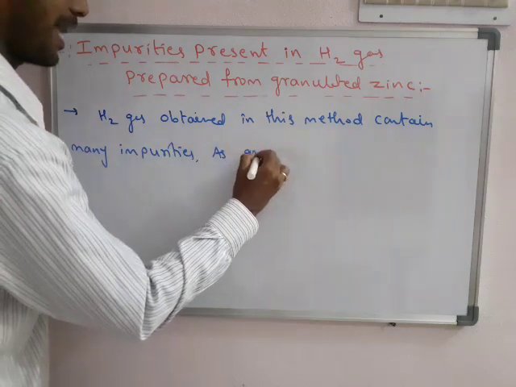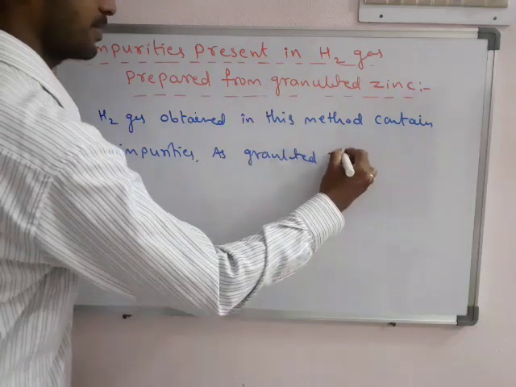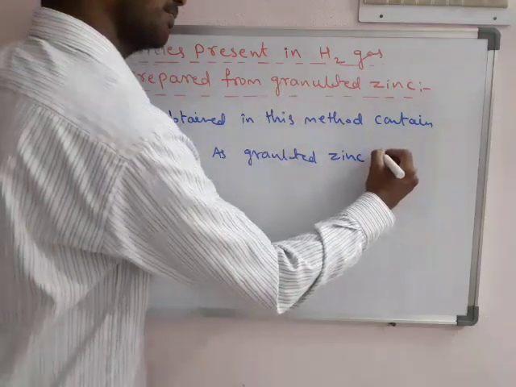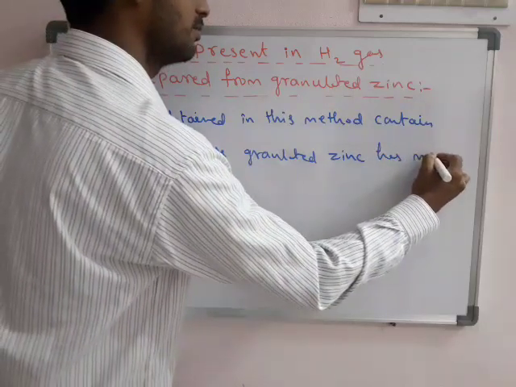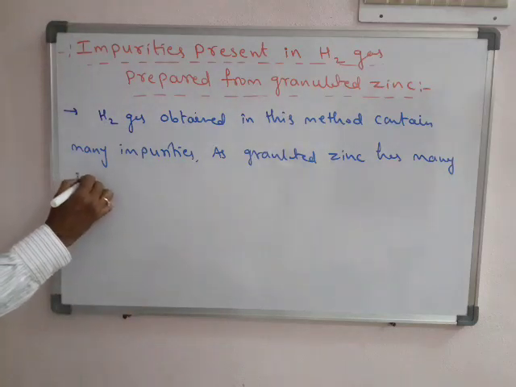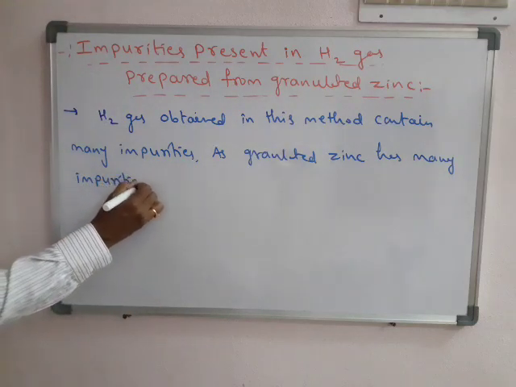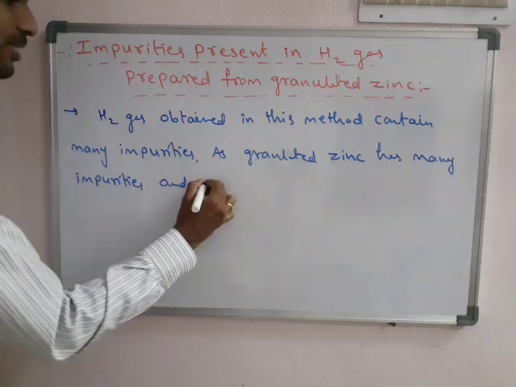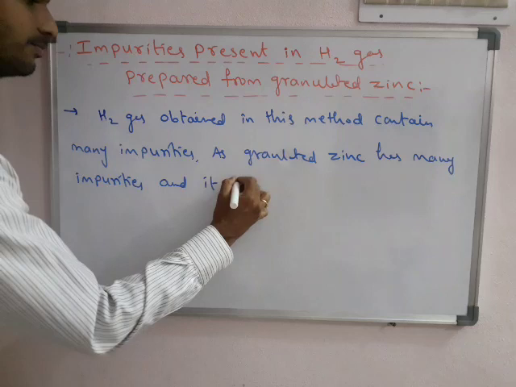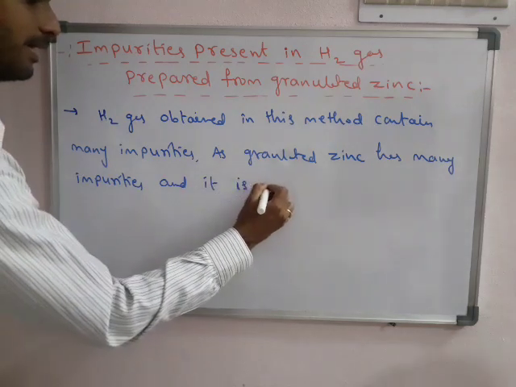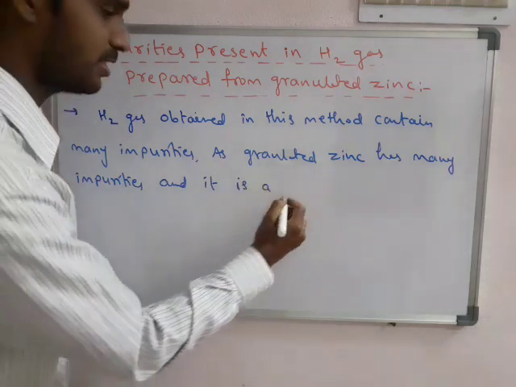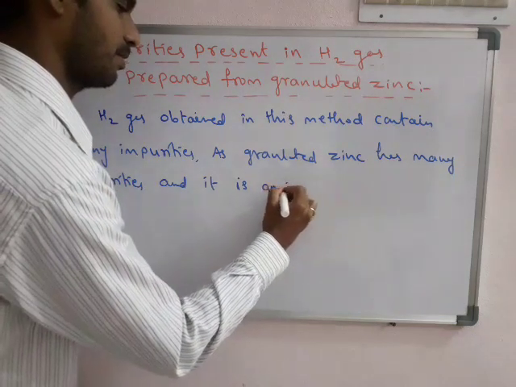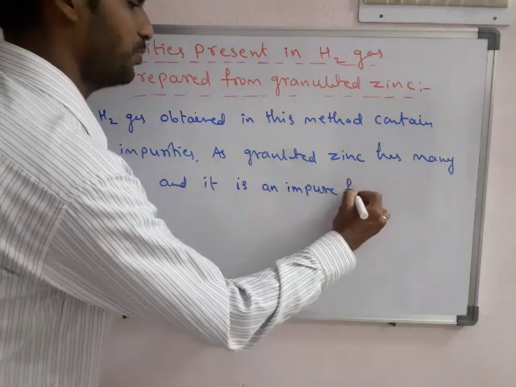Why does it have many impurities? Because for the preparation of H2 we use granulated zinc, and granulated zinc has many impurities, as it is an impure form of zinc.